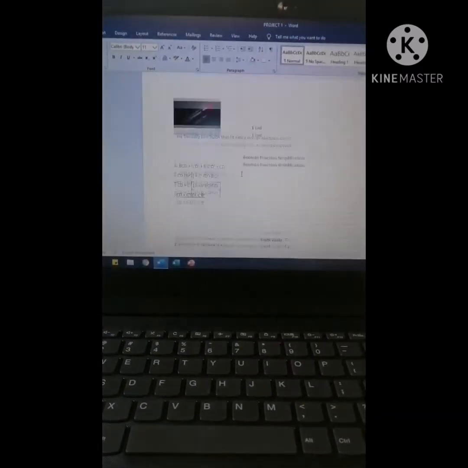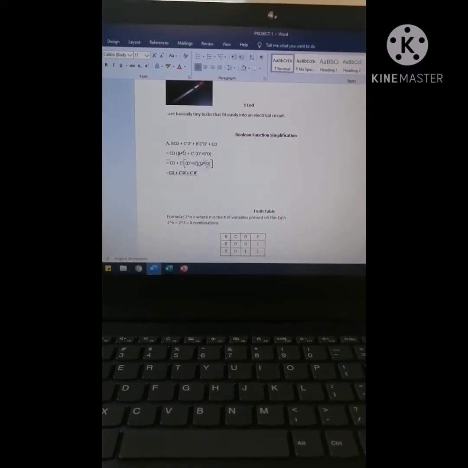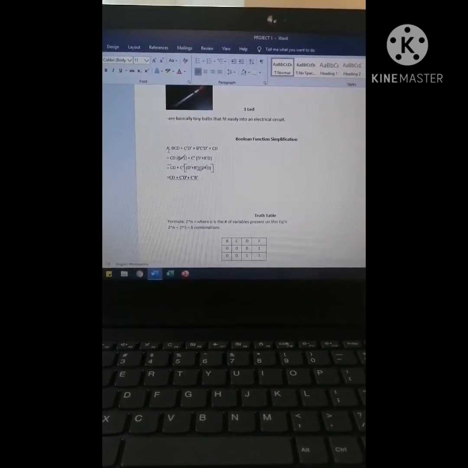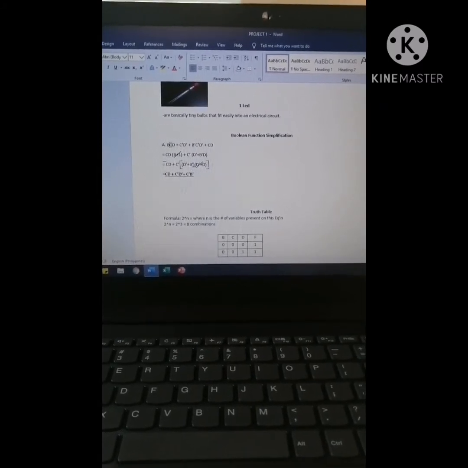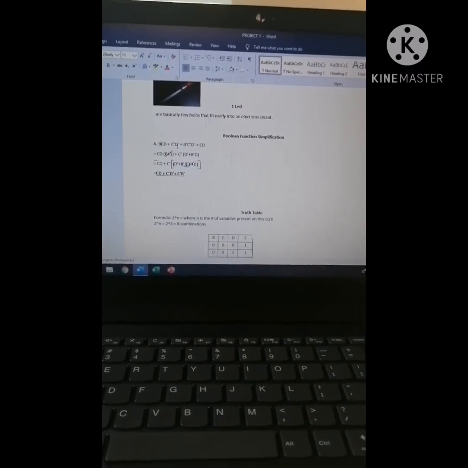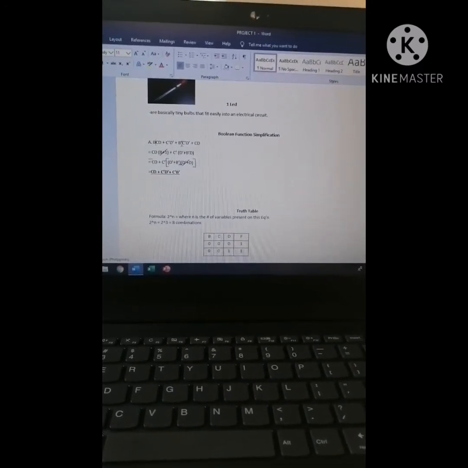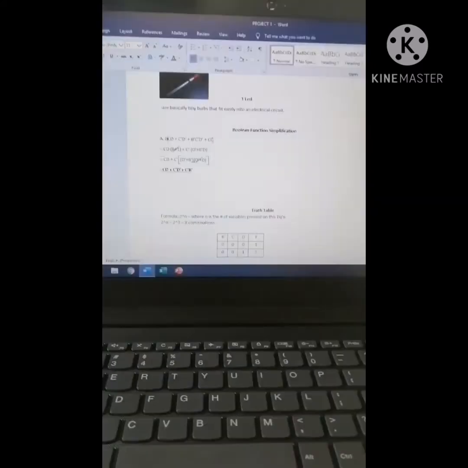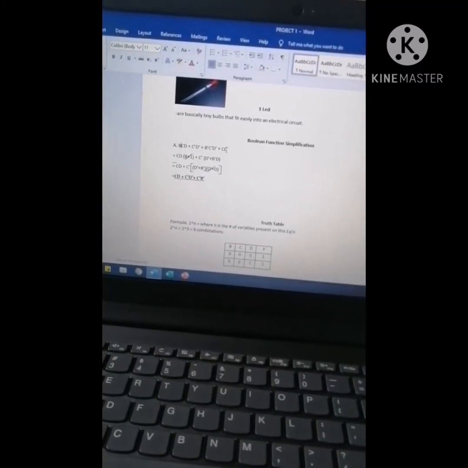So, Boolean function simplification. In experiment A: BCD plus C bar D bar plus B bar C bar D bar plus CD equals CD.